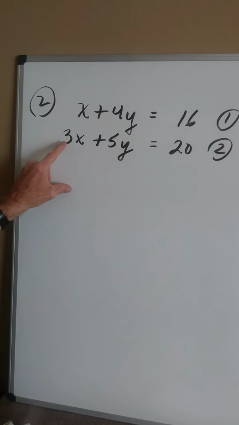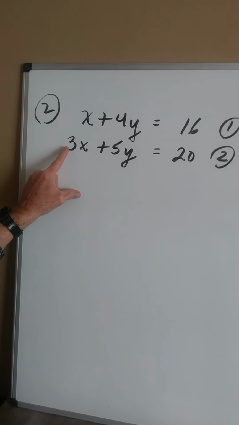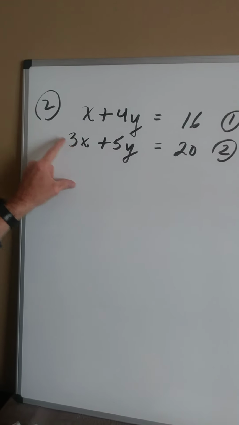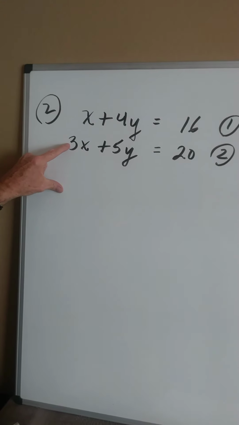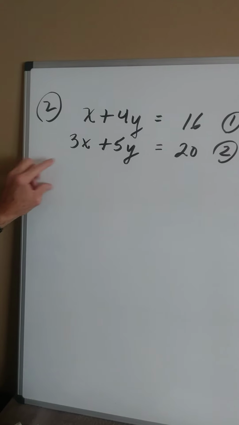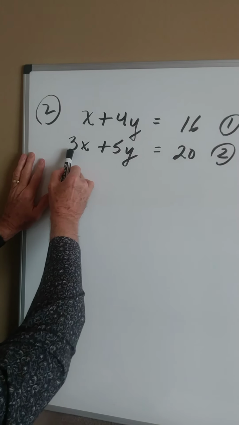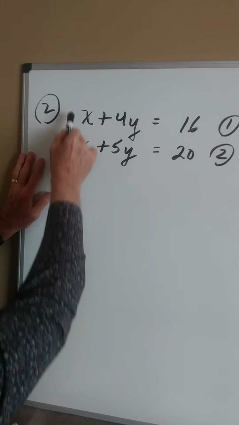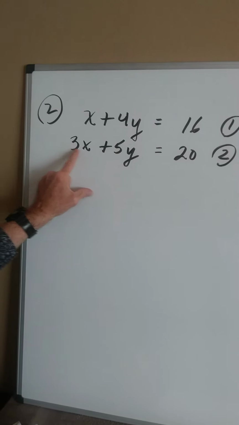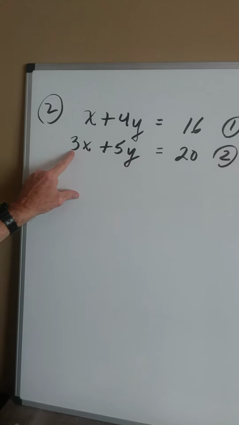It just so happens that the coefficient of one of the variable terms of x is 3. So if we want to eliminate the x from this system, since this coefficient is 3, and our LCD that we came up with was 3, we're going to leave equation number 2 as it is.